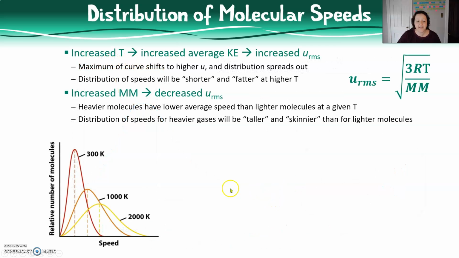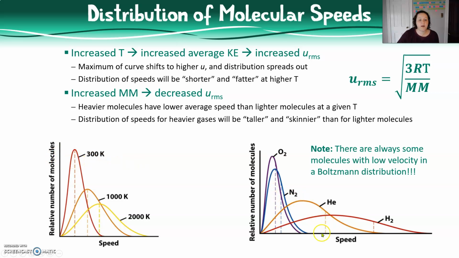Now, to bring this all together, in the case of a graph that shows different distributions of molecular speeds, we can label the distribution curves based on differences in temperature, with higher temperatures giving broader distributions with a maximum at higher speeds, and lower temperatures giving tighter distributions with a maximum at lower speeds.